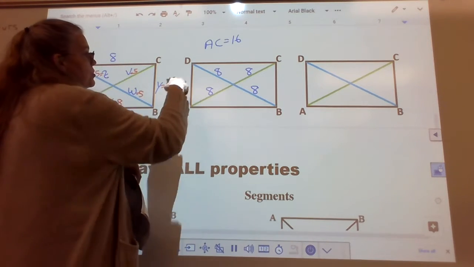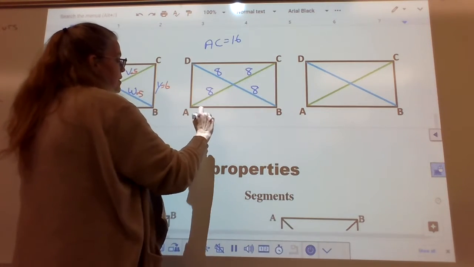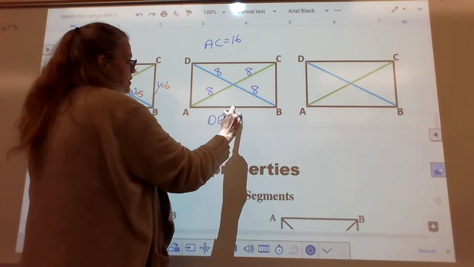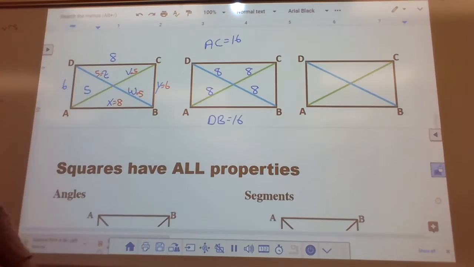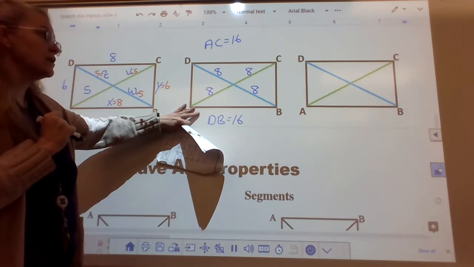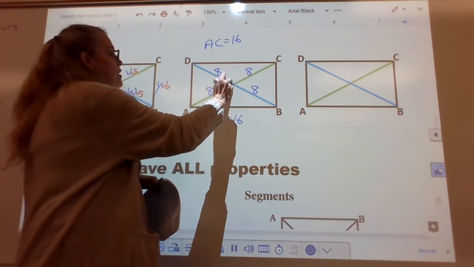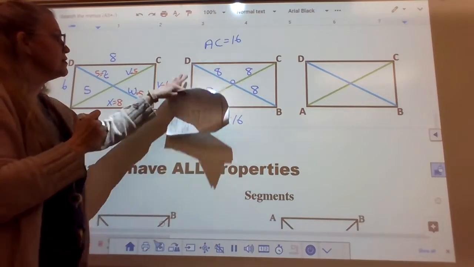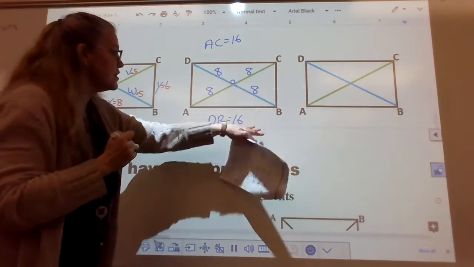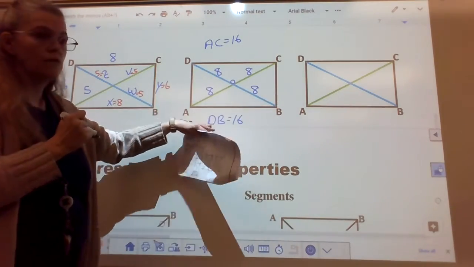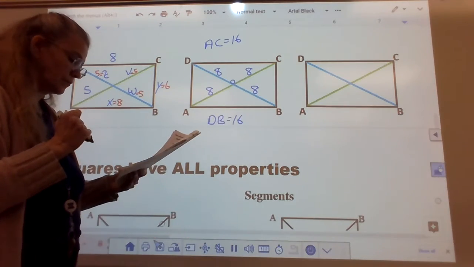And then I can also say the other diagonal, D to B, is 16. So on your homework, you've got a couple like this, where I give you a diagonal, and then I say like AO equals something, DO equals something, DB equals something. So you're going to fill out all the segments of the diagonals.